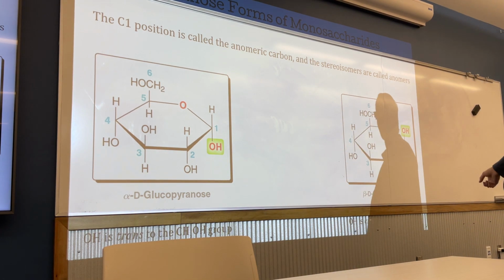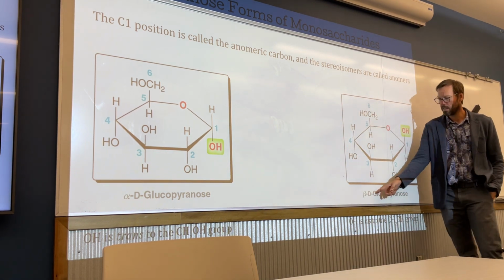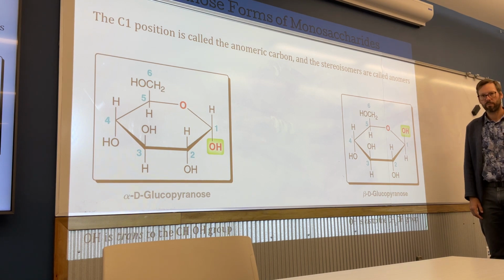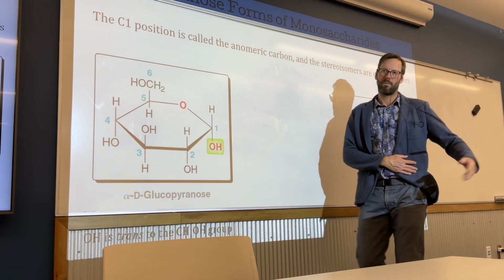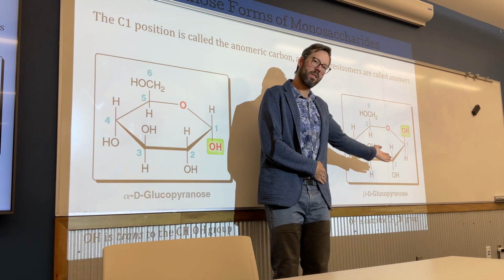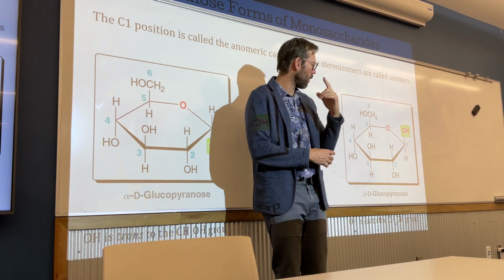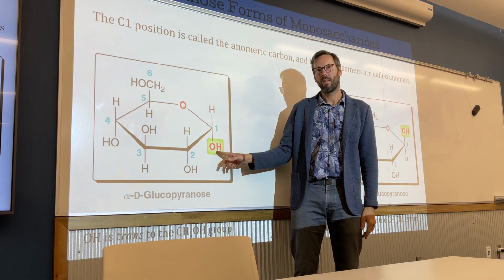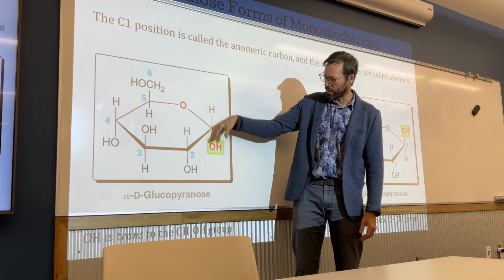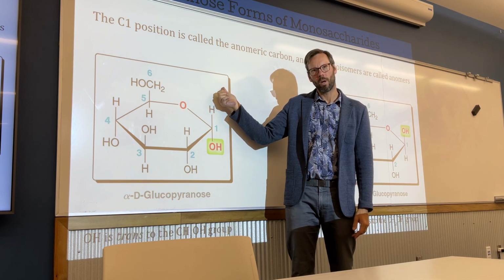So both of these came from a D-glucose, right? With the hydroxyl group on this side. Then when the ring closed, depending on where that carbonyl was positionally, it'll be down or up.